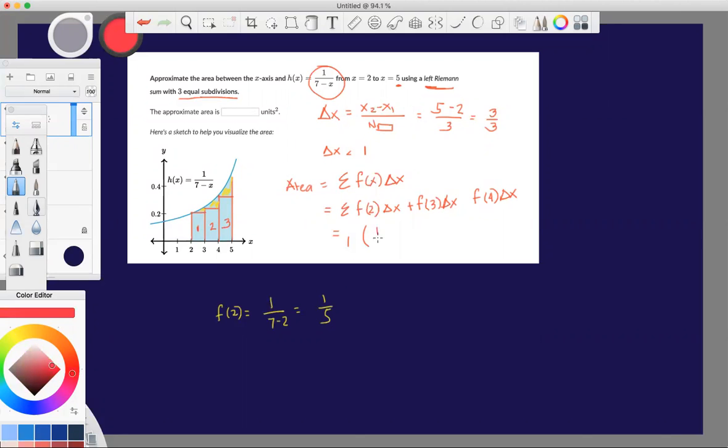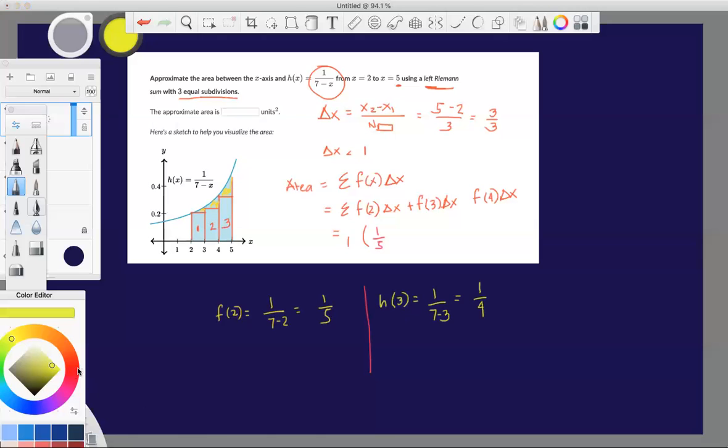So you'll have 1 over 5 for the h of 3. Why do I always use f? For the h of 3, this one will just give us 1 over 7 minus 3. And this will just give us, guys? 1 over 4. Very good.